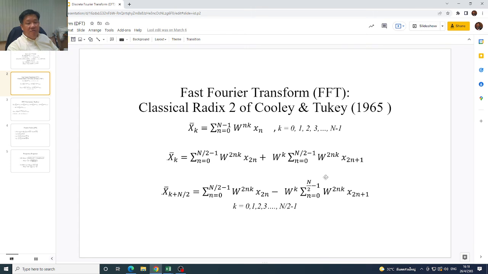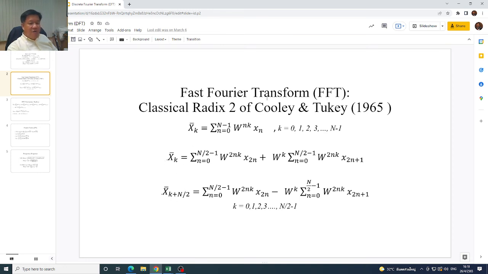So instead of computing 64, you only compute 8 times 3, because your stages of computation reduced from 8 to 3. And what is this 3 coming from? It's coming from log base 2 of the 8 value, where 8 is the number of discretized points.